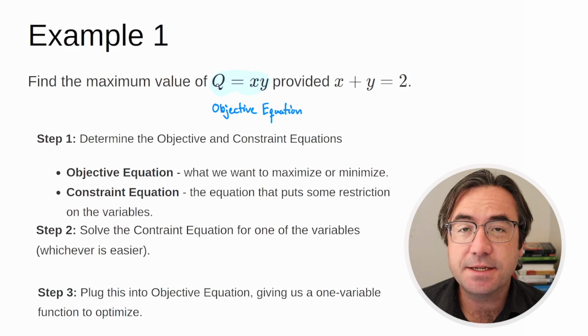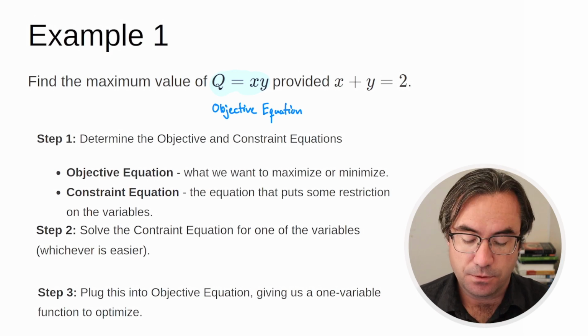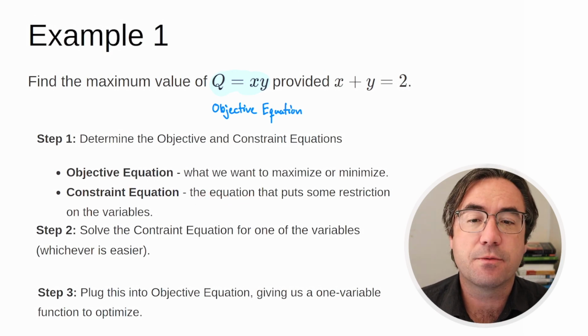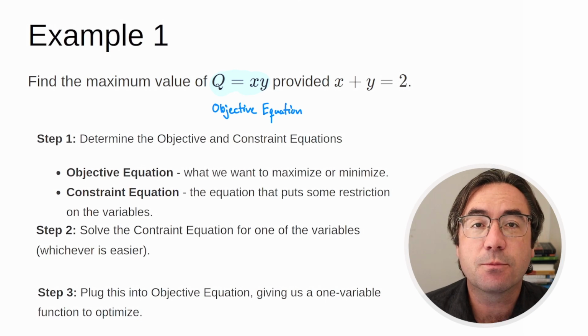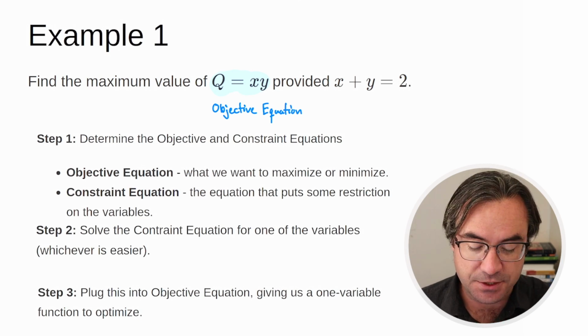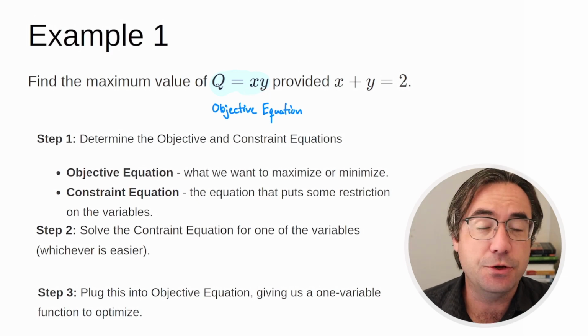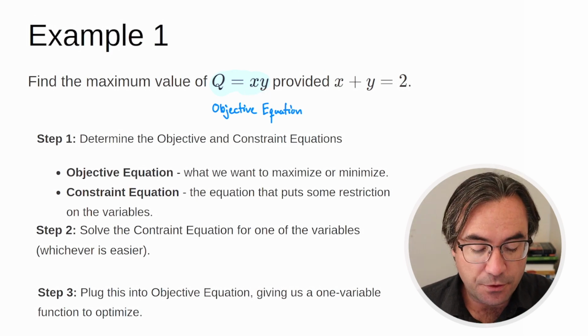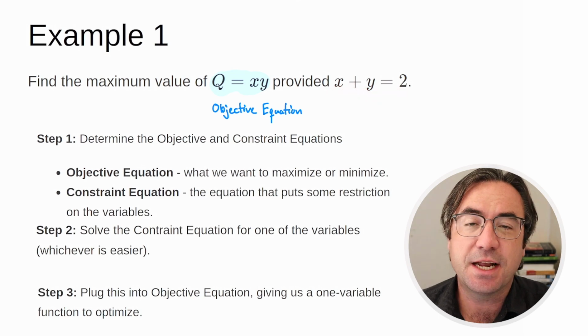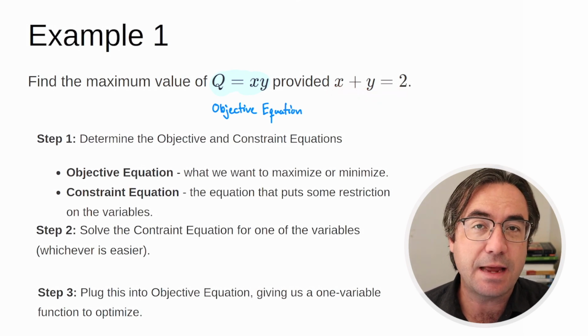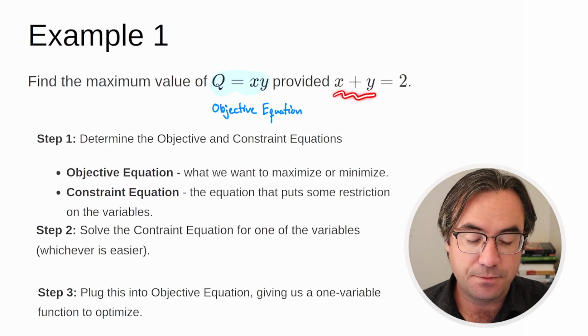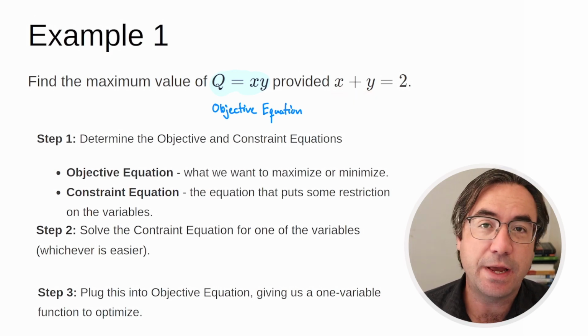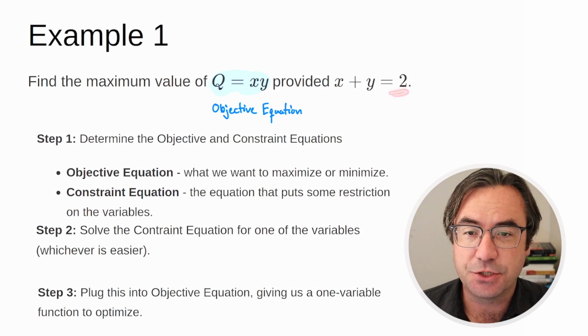Then the constraint is whatever equation or other information that we have that puts some restriction on the variables. Our objective equation uses x and y. Well, there's this other condition that has to be satisfied. x and y can't be anything. If we take x and add it to y, they have to add up to 2.